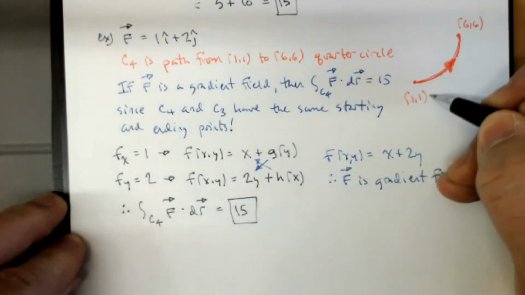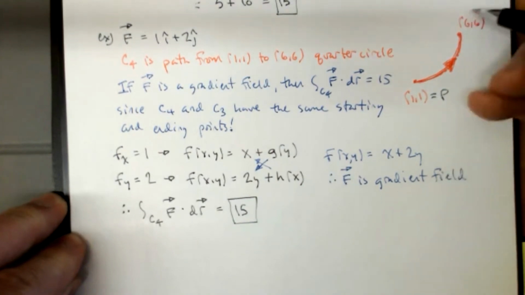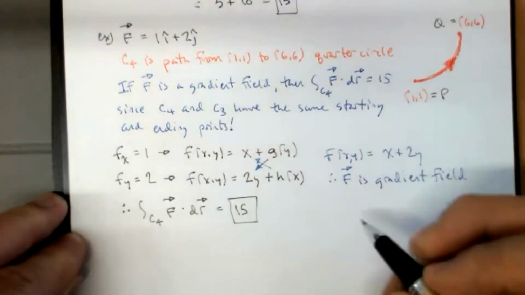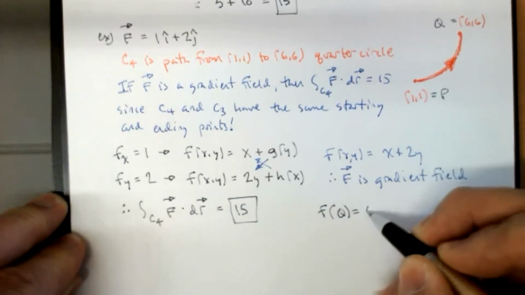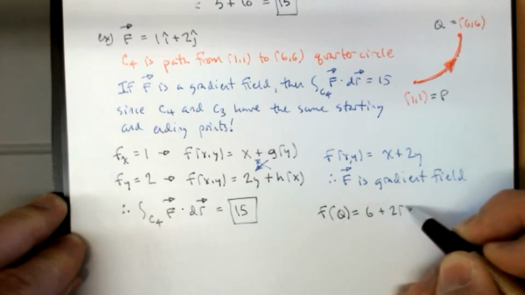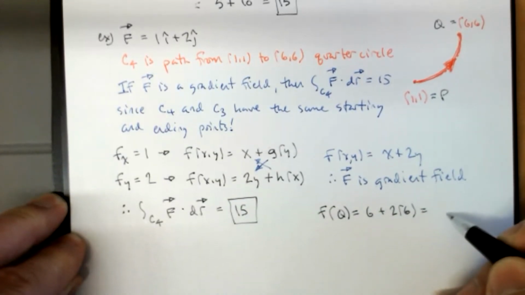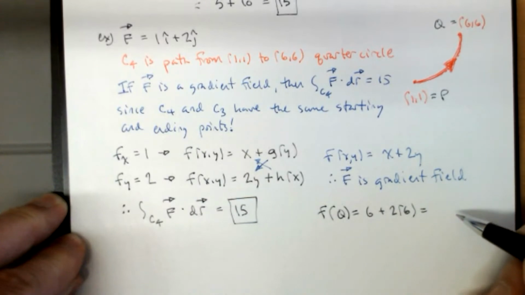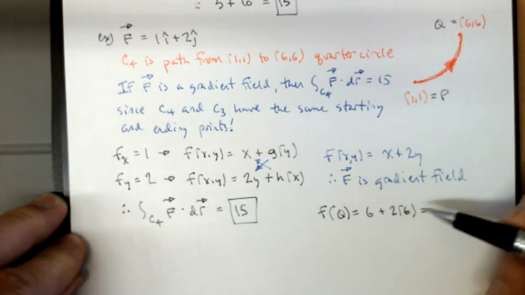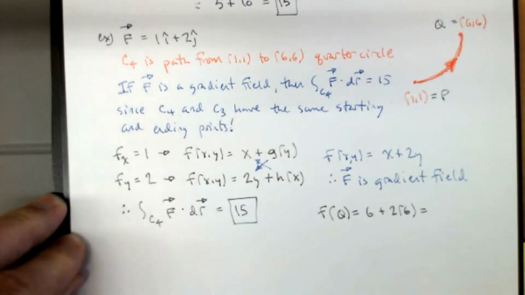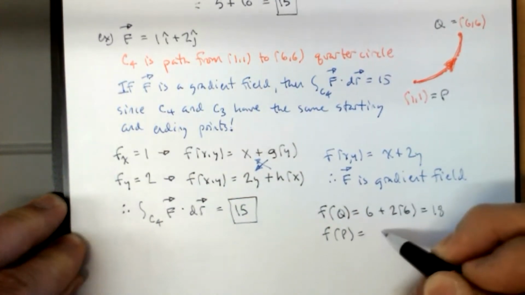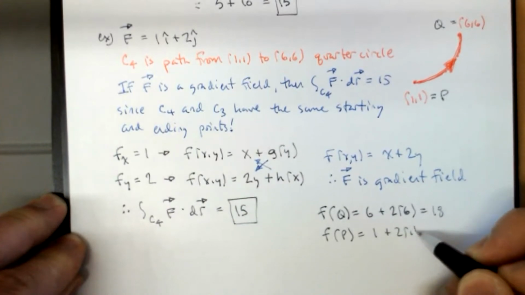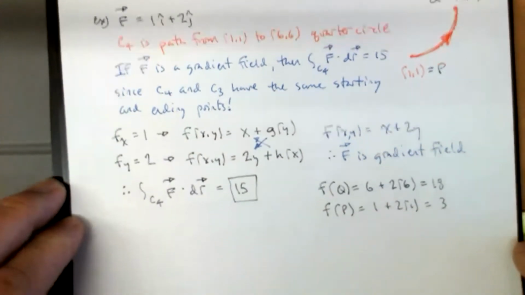If I say (1, 1) is P and (6, 6) is Q, then F at Q and F at P is 1 plus 2 times 1, 3.